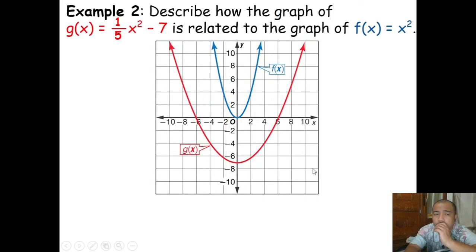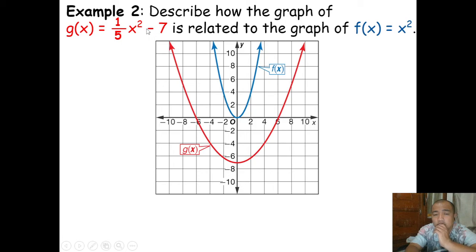Describe how the graph of g of x equals 1/3 x squared minus 7 is related to the graph of f of x equals x squared. Since g of x has a smaller absolute value of a, which is 1/3, compared to f of x, this will become wider.